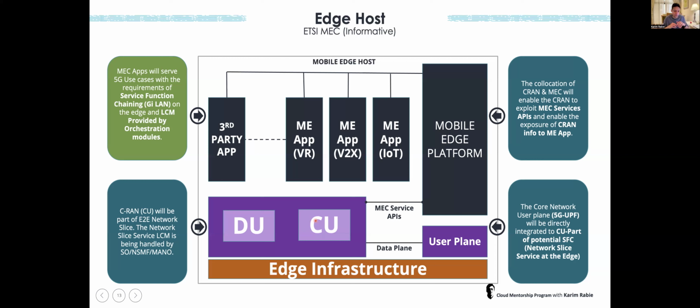For example, the application for the V2X, which requires a specific latency, if it gets a feed from the CU and DU or from the RAN that the conditions are not there for this application to work, maybe I'll just raise an error that I cannot work because there is a congestion and the latency cannot be fulfilled.